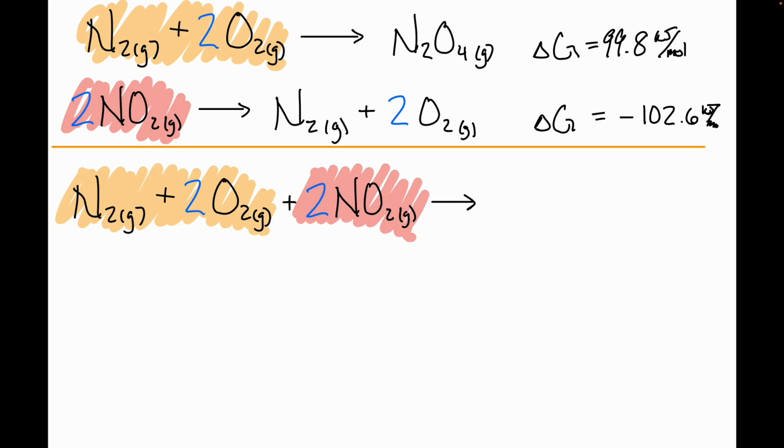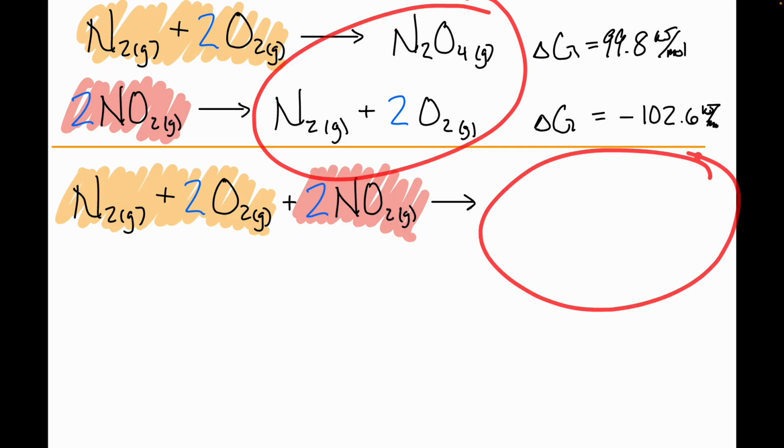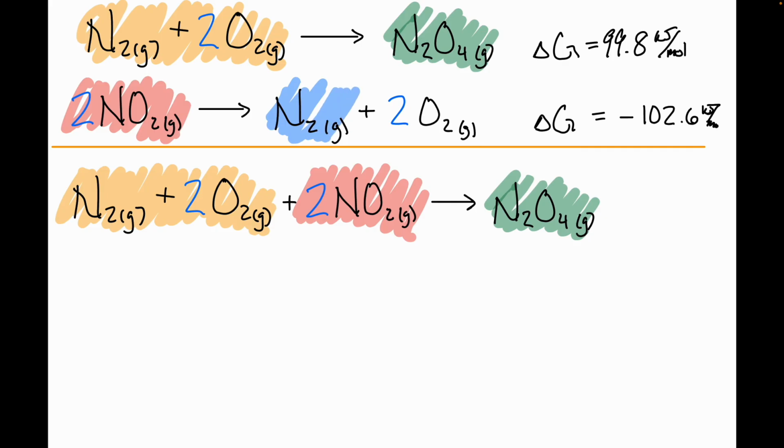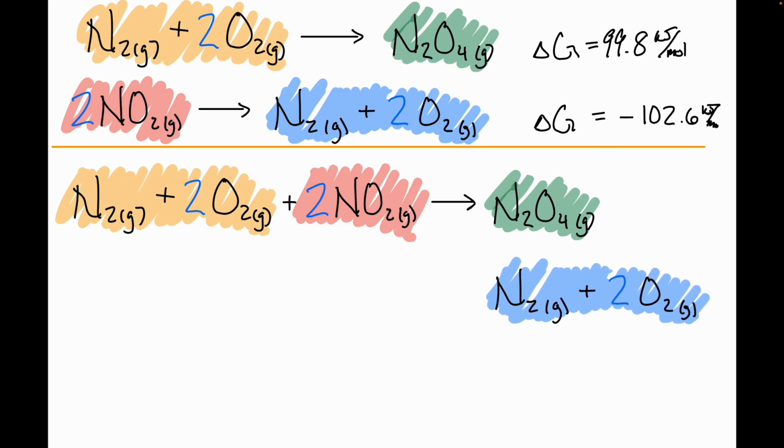Likewise, I'm going to take all my products and combine them together on the product side of this new chemical equation, right? So this thing here, I'm going to copy that onto my new chemical equation, plus the product side of my second chemical equation. So this is what we mean when we say we sum a chemical equation.